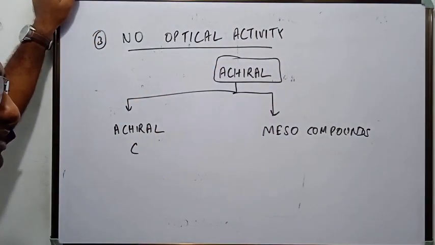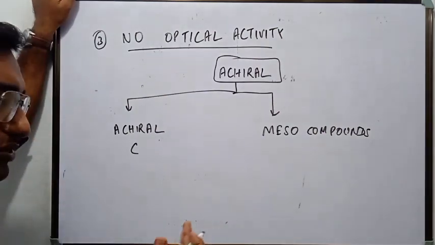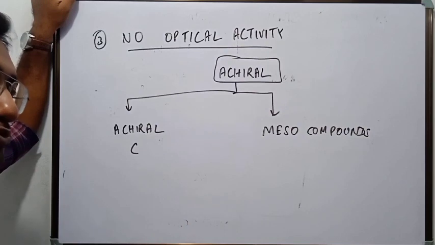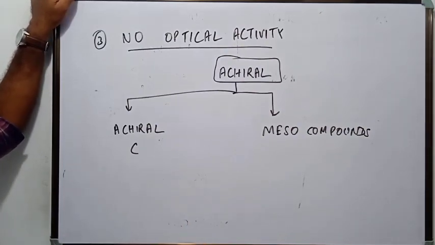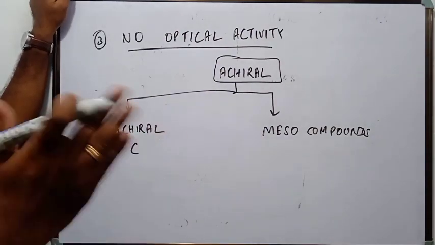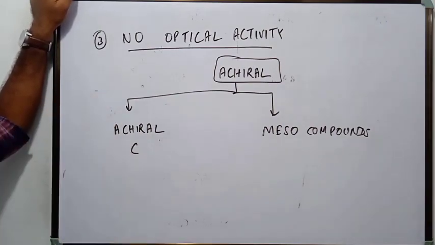If you draw its mirror image, you get the same, superimposable mirror image. So there is no isomer possible.